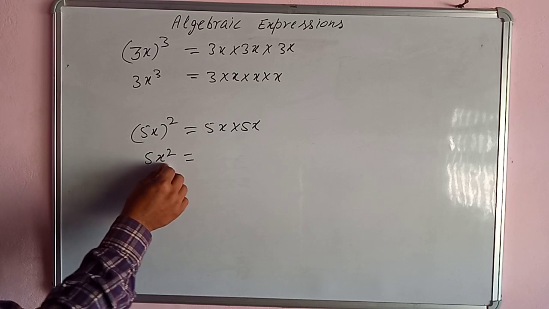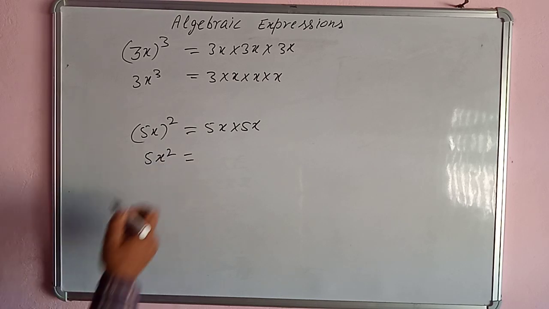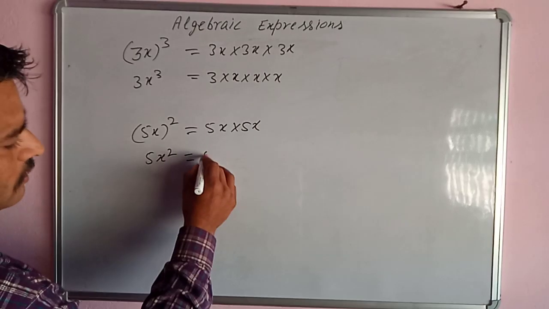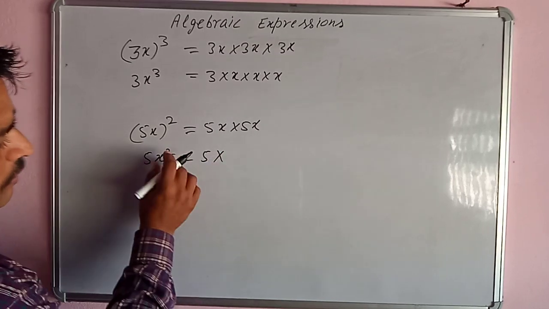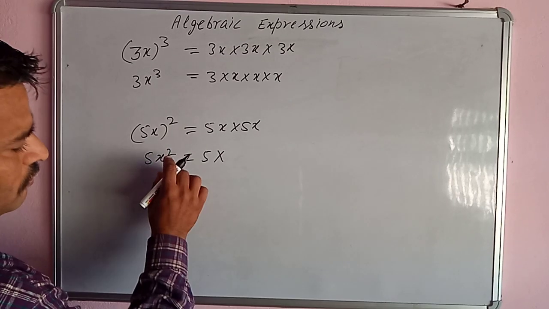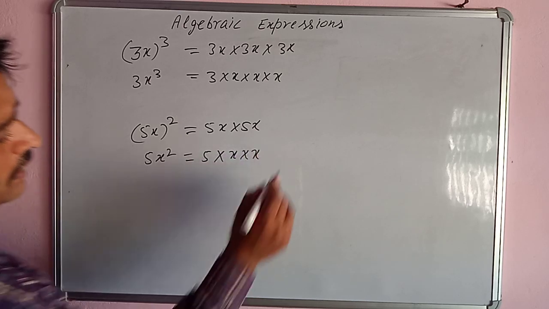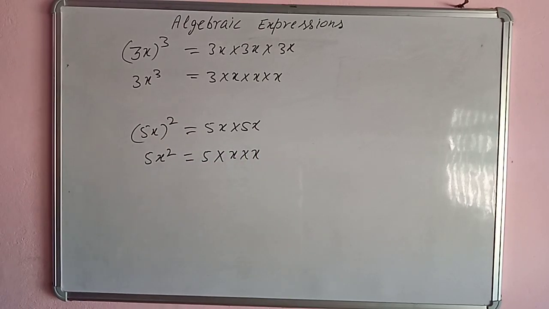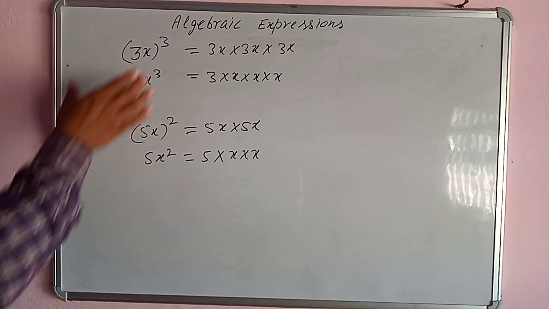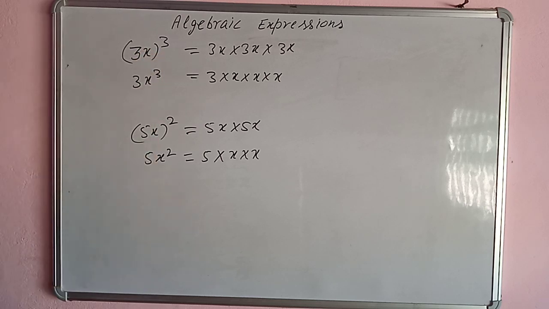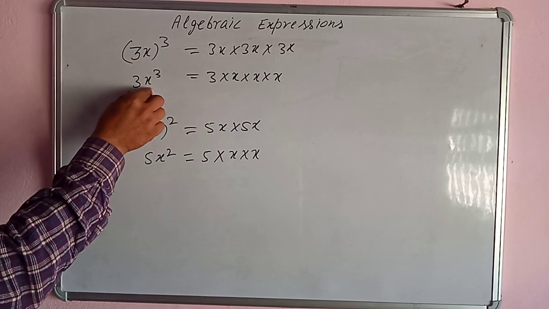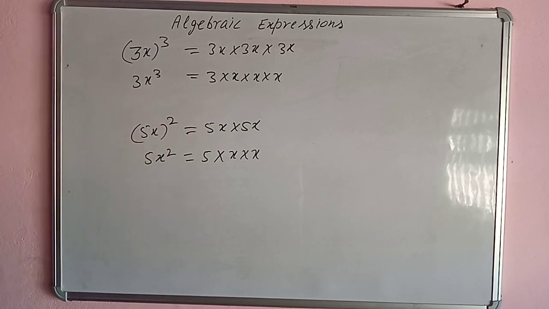But here it is only 5x square, so the power of 5 is 1 and the power of x is 2, the power of a literal number, that is x multiplied by x. Is it clear? It is a difference if the power is like this and if the power is like this.